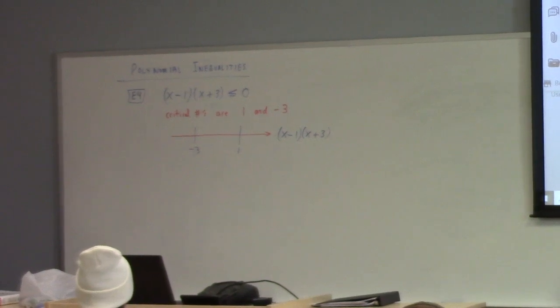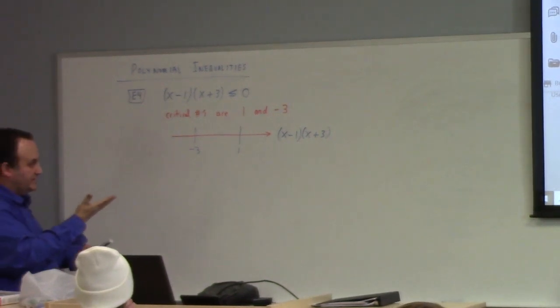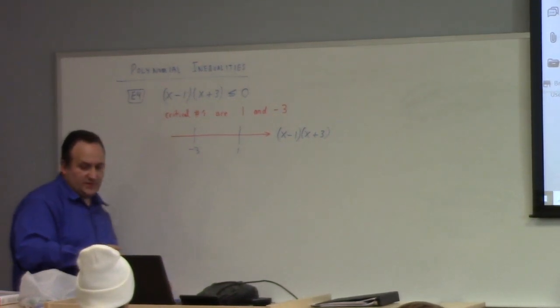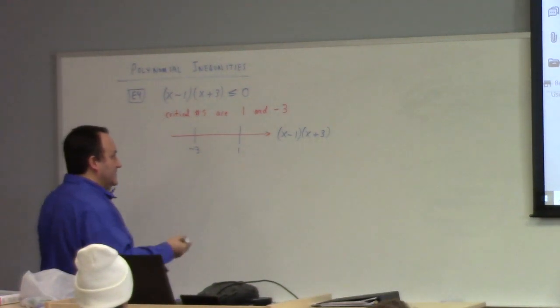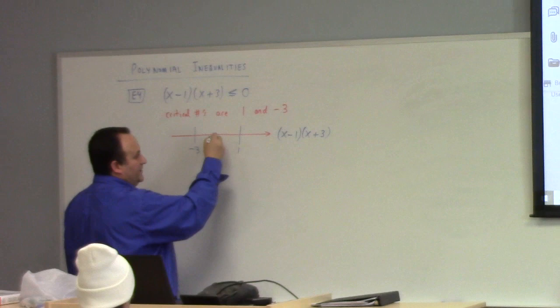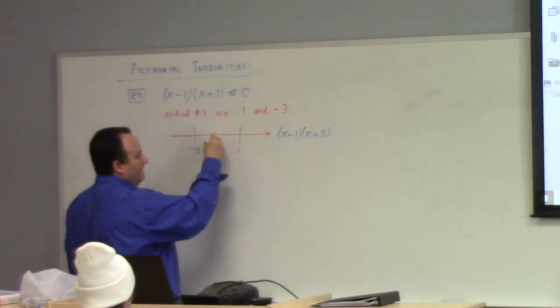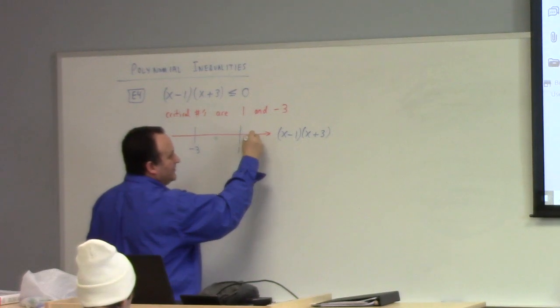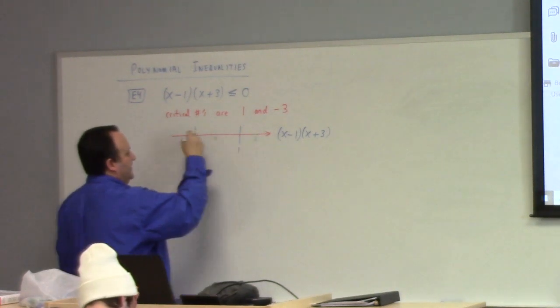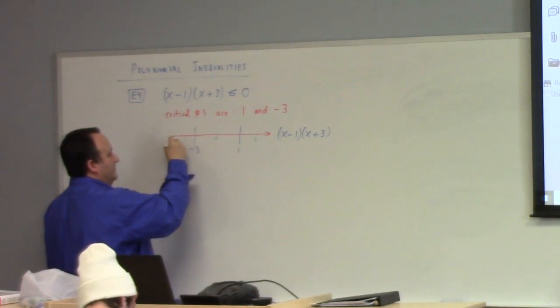So here's what we do. Plug a number in. So if you test, let's say 0, what happens? 0 is between -3 and 1, right? So I can test 0 there. I'm going to test 2 over here. I'm going to test -4 over here, okay?